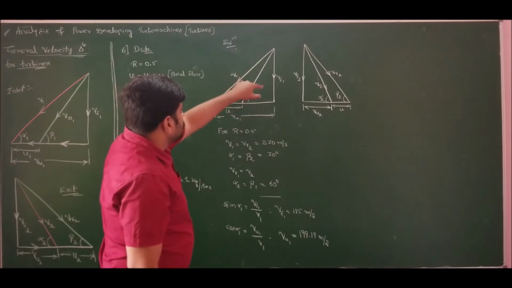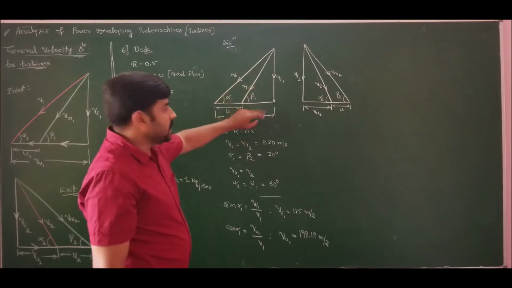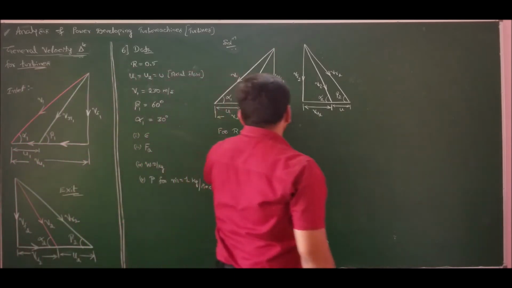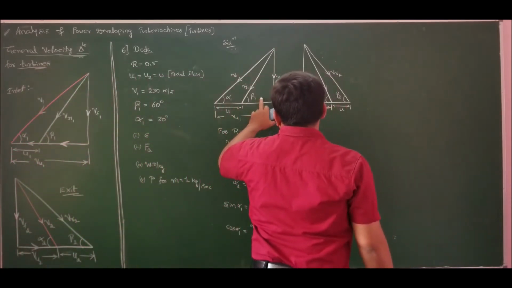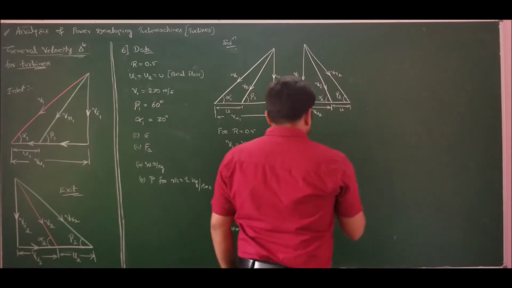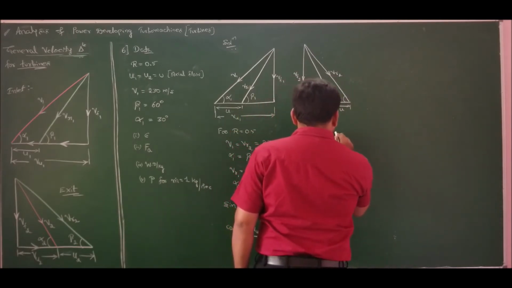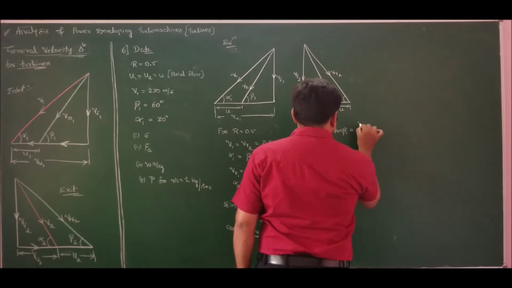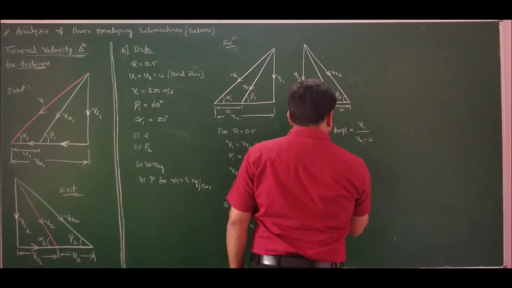Now moving to the smaller velocity triangle, we know the value of beta 1. Beta 1 is given as 60 degrees. So if I use tan beta 1, I can find the value of u. Tan beta 1 will become Vf1 by Vu1 minus u. Hence, you know all the values.